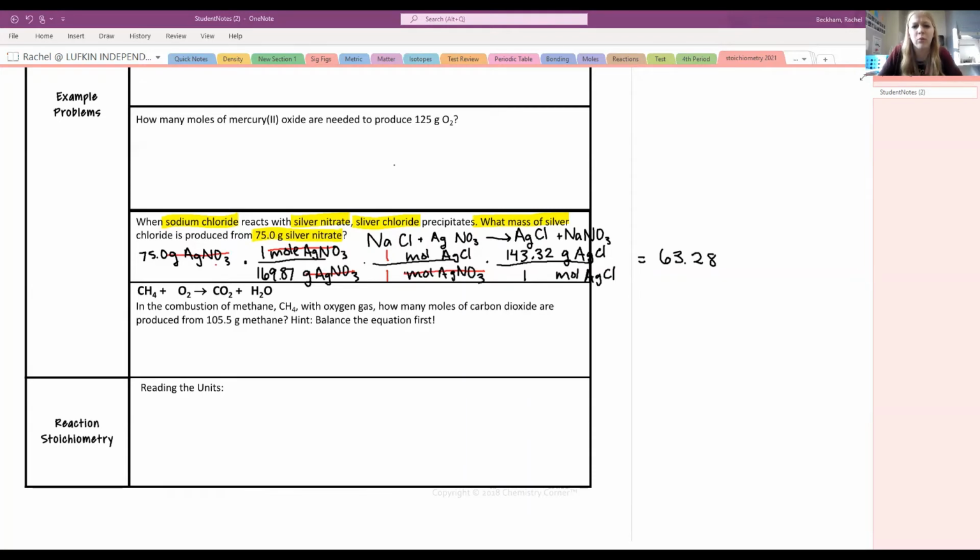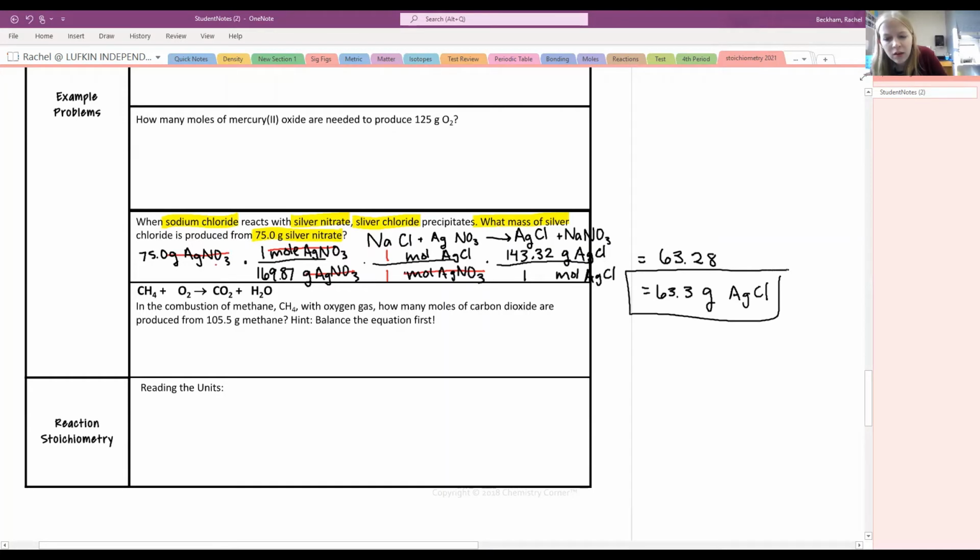Yeah, 63 point, yeah. Okay, and then we're going to round that off because 75.0 right here has 3 digits in it, right? 75.0. So we're going to make this 63.3 grams of AgCl.